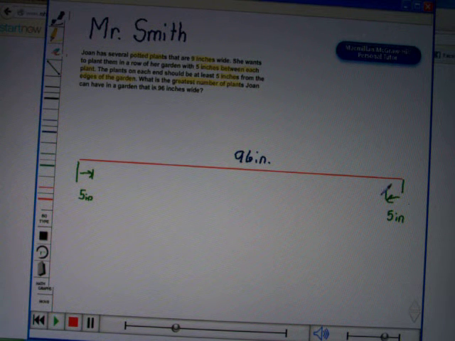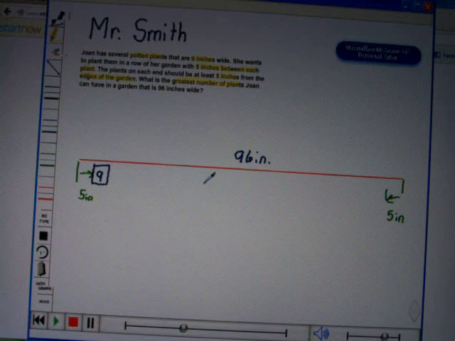Okay. It also says that the potted plants are 9 inches wide. So now I'm going to start planting the potted plants. So after 5 inches in, we have a potted plant. I'm going to put a 9 in there to signify 9 inches. And there are 5 inches between each plant.